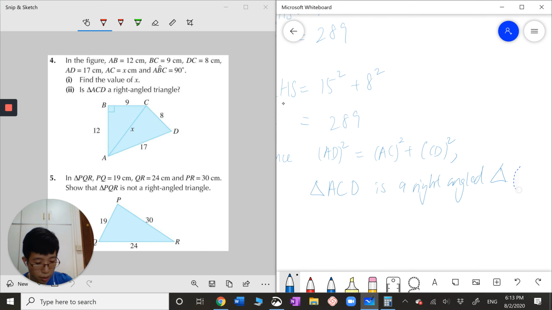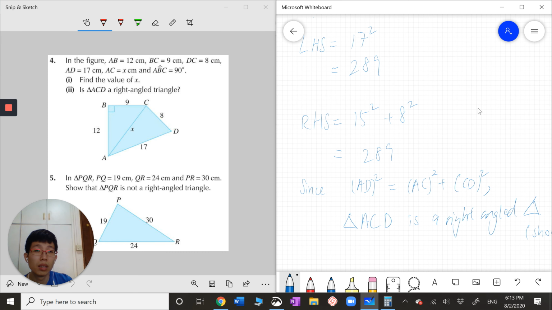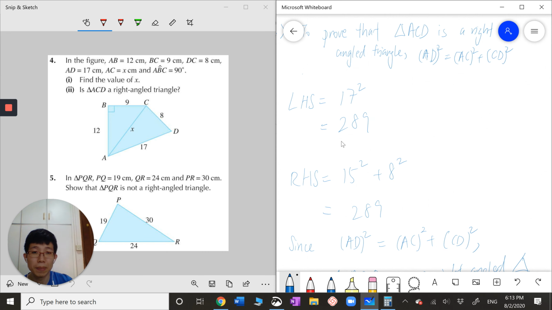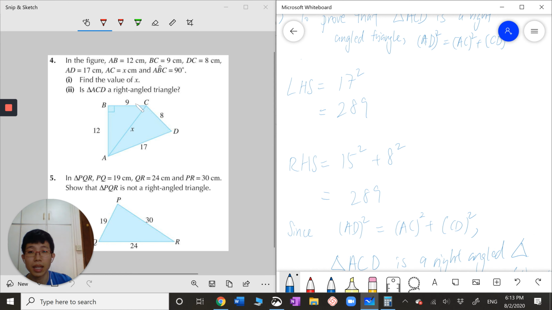And you put shown. So the left hand side must be equal to the right hand side in order for us to show that this ACD is a right angle triangle.